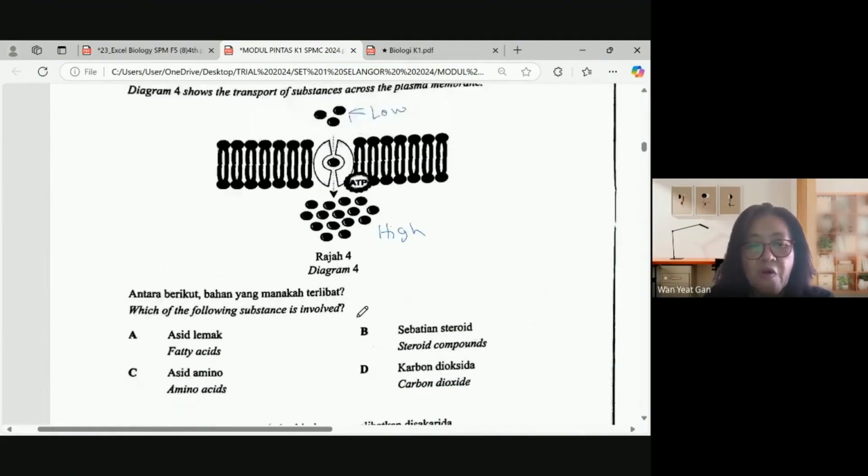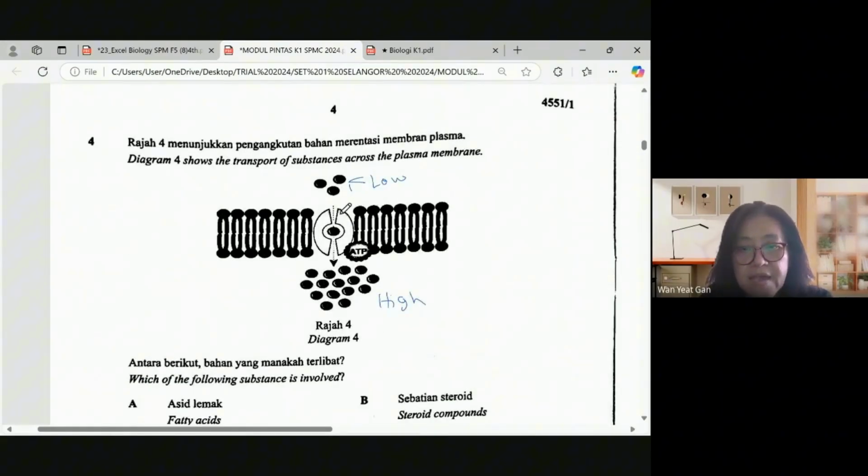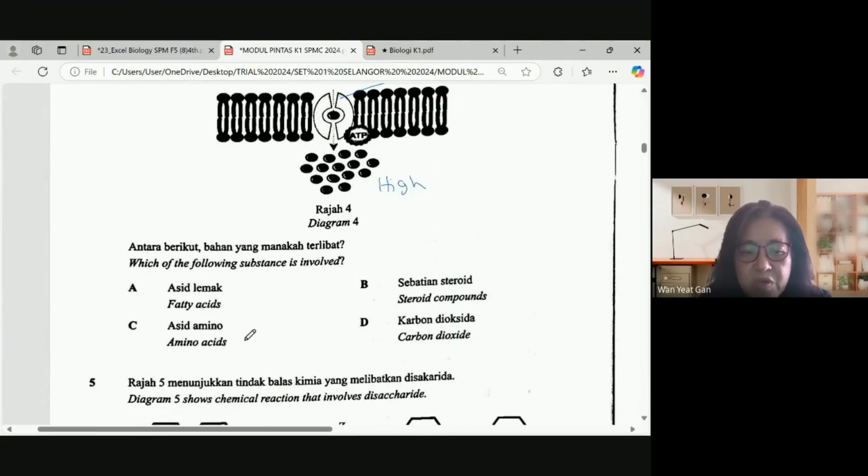It requires a carrier protein. So this is a carrier protein. For a transport that needs carrier protein and involves ATP energy, the only correct option given here is amino acid. Amino acid is transported with the help of a carrier protein. Okay, so answer is C.